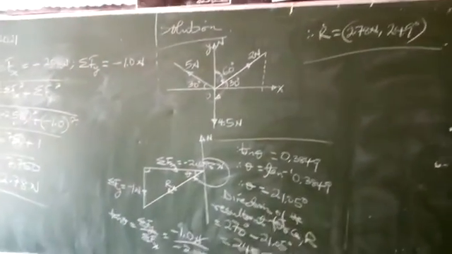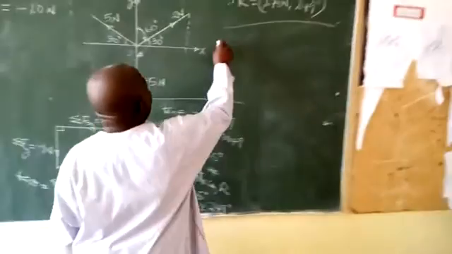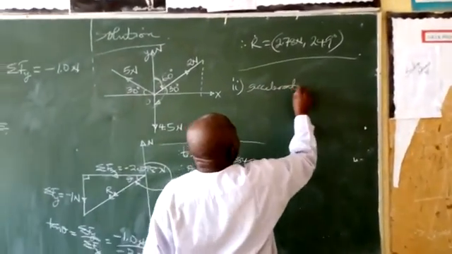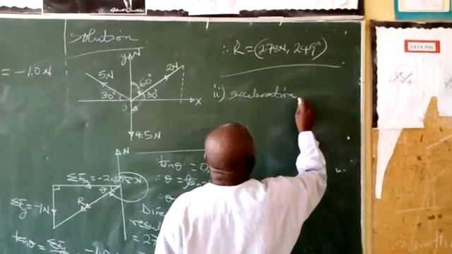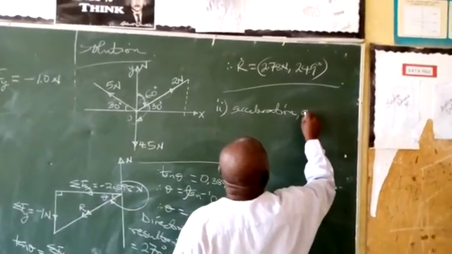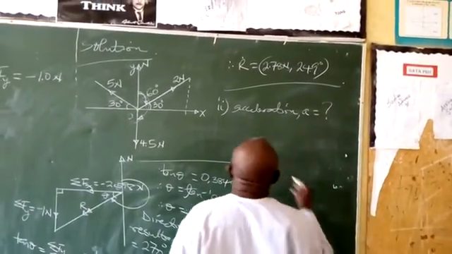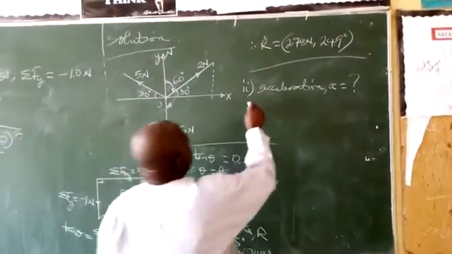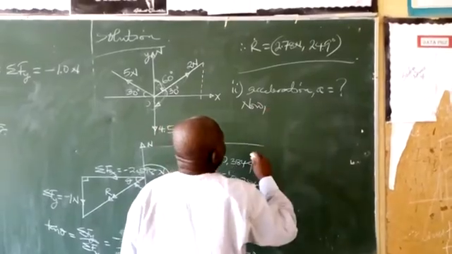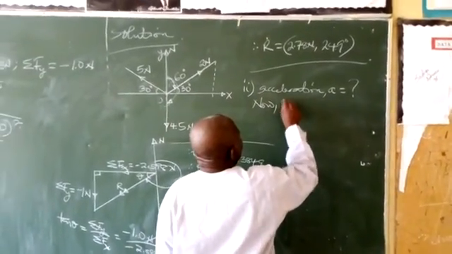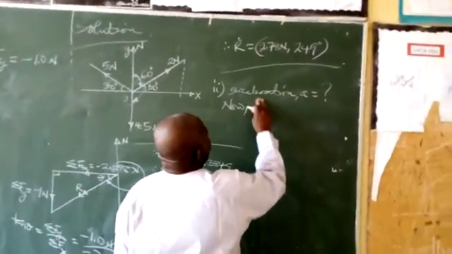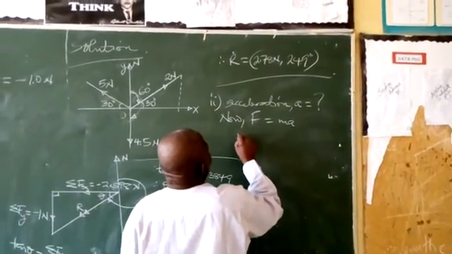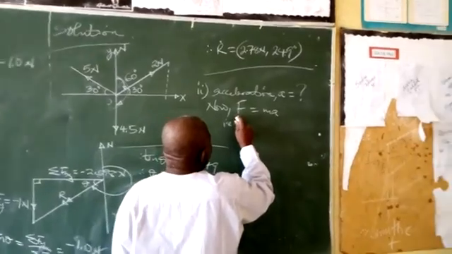Second part: the acceleration with which the body begins to move. Acceleration a equals what? We know from Newton's second law of motion, F equals ma, where F in this case is the resultant force.